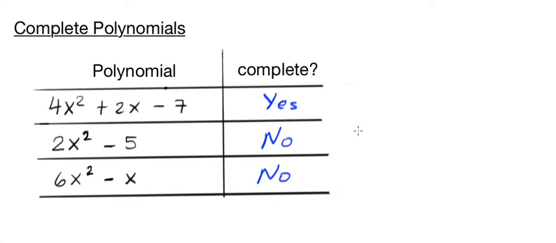Now, however, whenever you're given a polynomial that is not complete, you may add the term 0 times whatever variable is missing to complete the polynomial. Look, 2x squared minus 5 is not complete, but 2x squared plus 0 times x, which is 0, right?